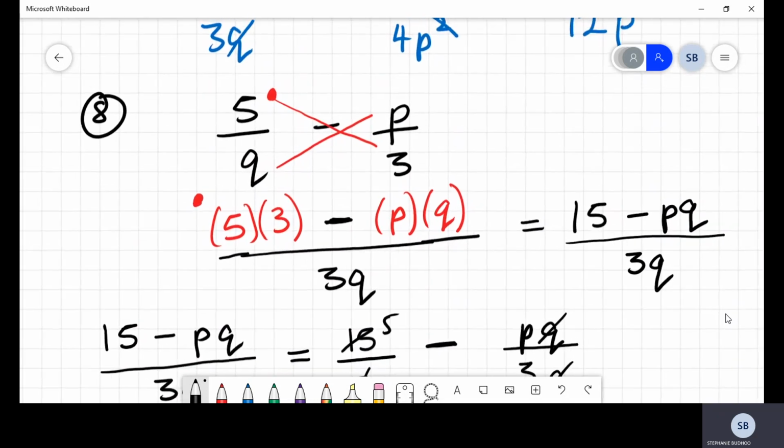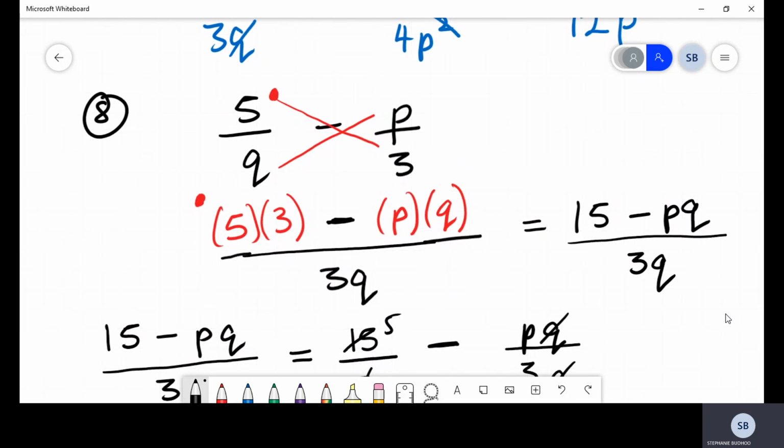So what I like to tell students is that when you are working out algebraic fraction questions, always try your best to leave your answer with one common denominator, no matter what topic you are doing.